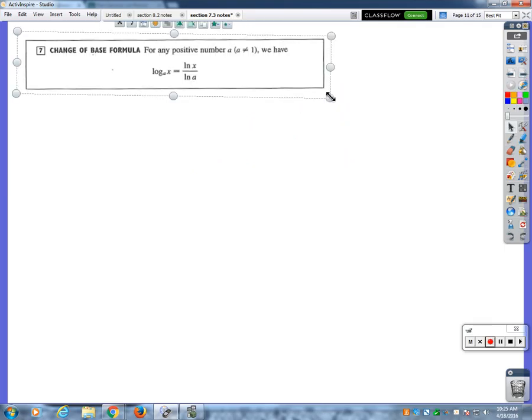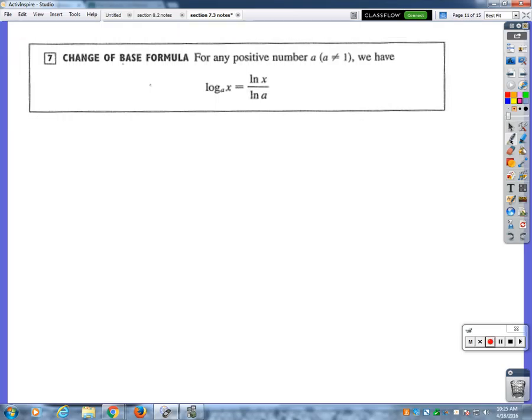All right, this is an old formula that's not so useful anymore because your calculators have a way that you can enter a log of any base in there. But back in the day when we didn't, then you could do it this way. So if you wanted to figure out the log of something weird, then you could use this formula to switch it around. So for example, if you wanted to know the log base 6 of 5, you're like, I have no idea. 6 to the what power is 5?